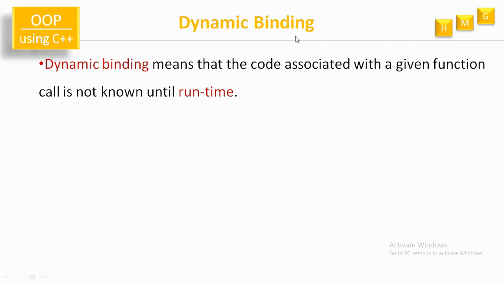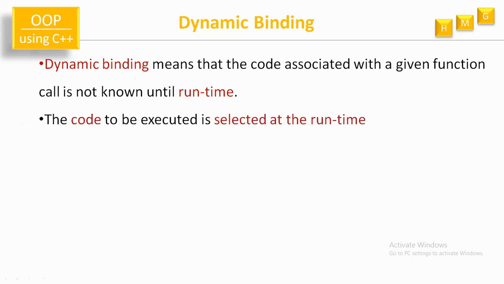Whenever the object calls a function to execute, which code is to be executed is not known in advance until runtime. The decision is taken at runtime about which code to execute. That is nothing but dynamic binding. The code to be executed is selected at runtime.